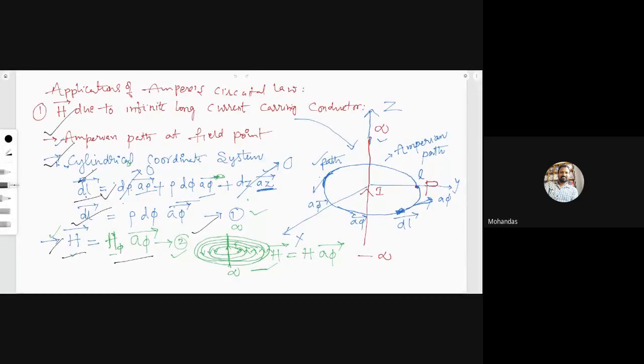H equal to H phi into A phi, or H into A phi. Are you getting me or not? Am I audible to everyone? Yes, sir. So from this one, I am taking H equal to H into A phi.